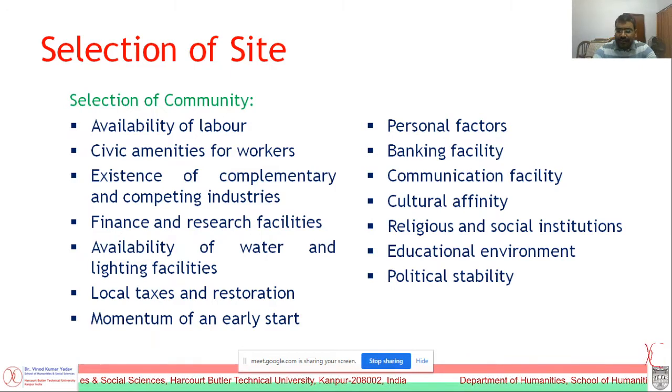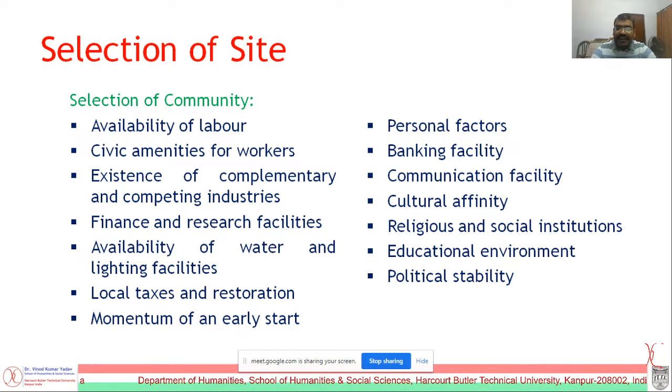Local taxes and restoration is easy to understand: the state level taxes, local taxes. Sometimes this becomes a strategy to attract investors. Some states within India are offering free land, tax rebates, and many things to new businessmen, so that new investment comes to the state.